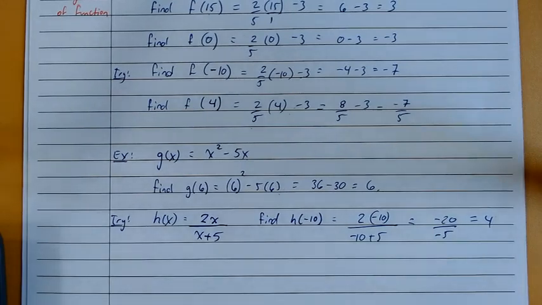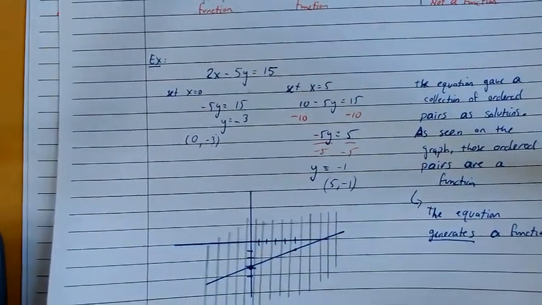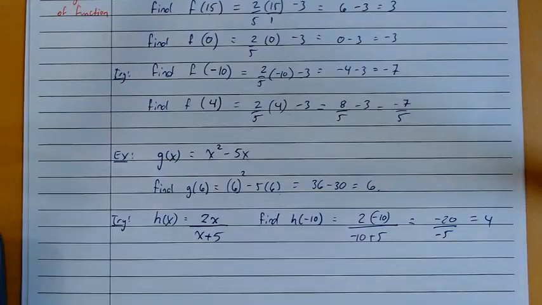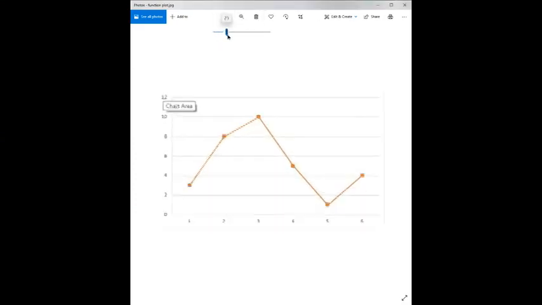Now, a graph is a useful way to talk about a function or to think about a function. You can tell if an equation generates a function by looking at its graph. However, you can get more than that information from a graph. You can evaluate functions through that graph. For example, here you see the graph of a function.